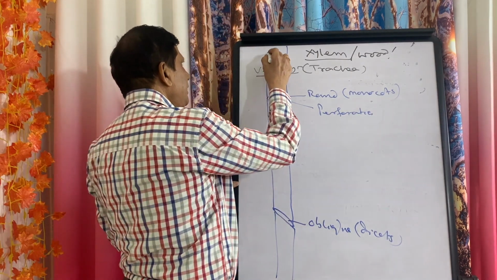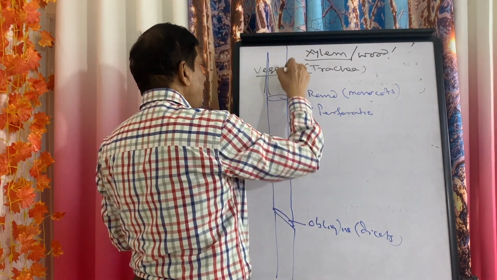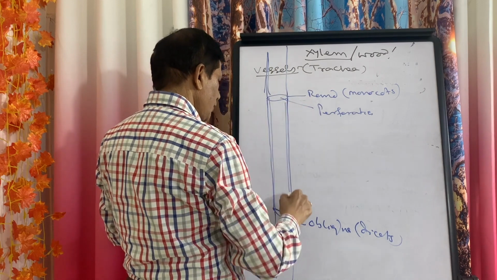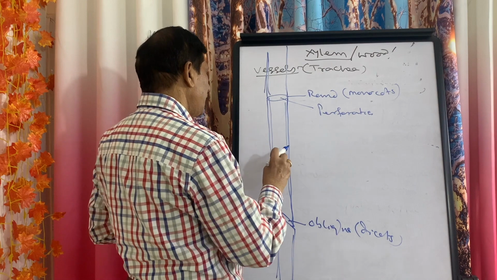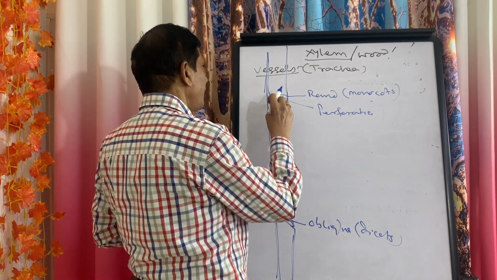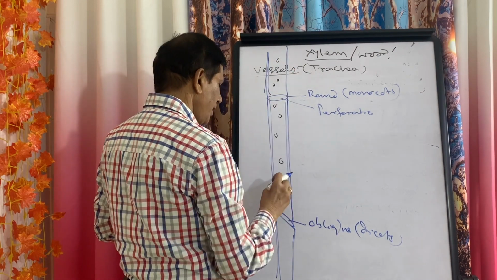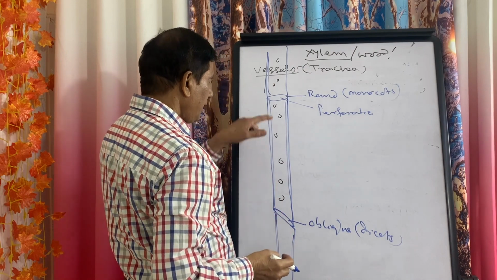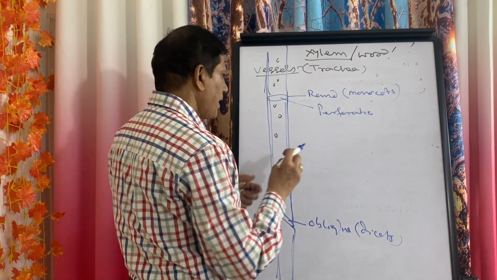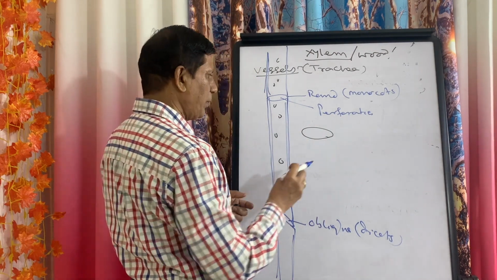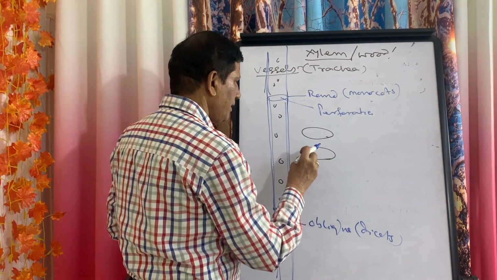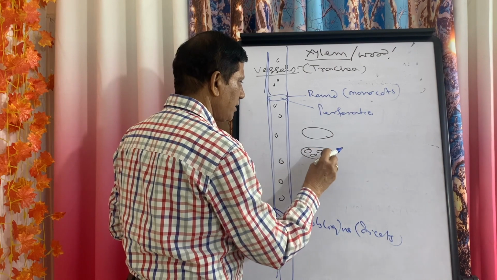The walls are very thick, as already we have discussed. The lumen is quite wide, and here and there we'll get pits. These are the pits, and in these perforated walls there may be a single perforation like this, or sometimes we get multiple perforations like this.